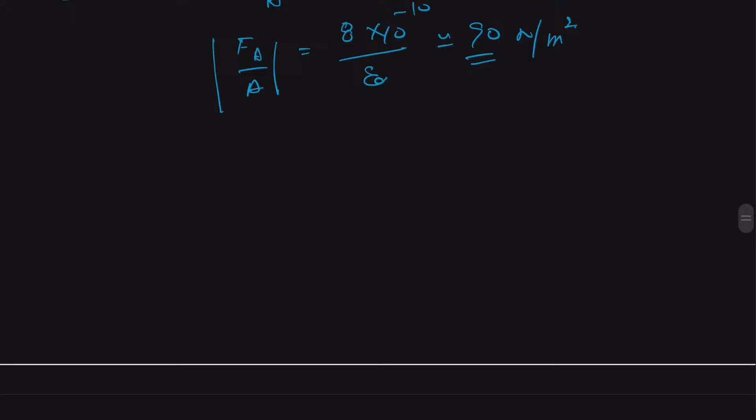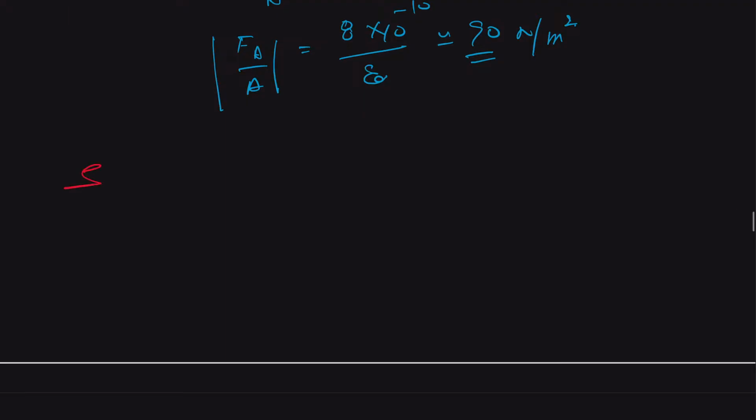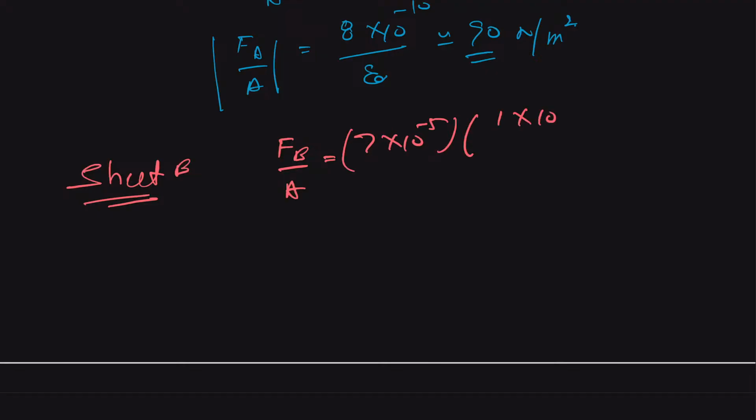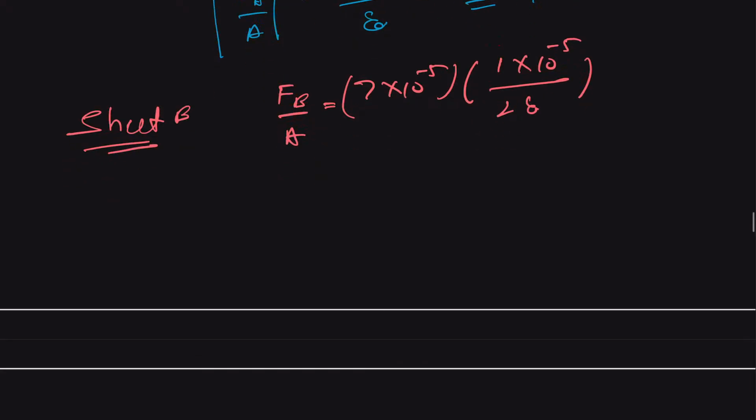Next is our sheet B. In sheet B we have force B per unit area will be equal to 7 into 10 to the power minus 5 and 1 into 10 to the power minus 5 upon 2 epsilon naught, and this gives us that Fb upon A will be equal to 3.5 into 10 to the power minus 10 upon epsilon naught, and approximately that will be equal to 40 Newton per meter square.